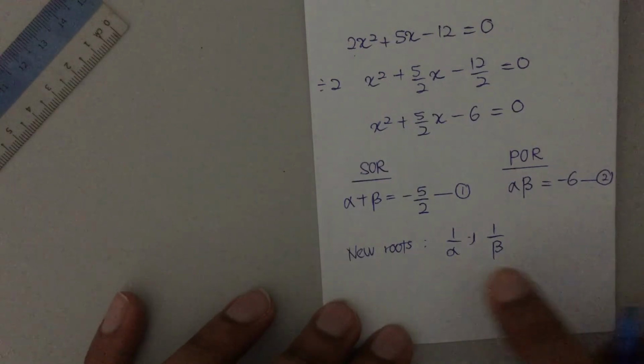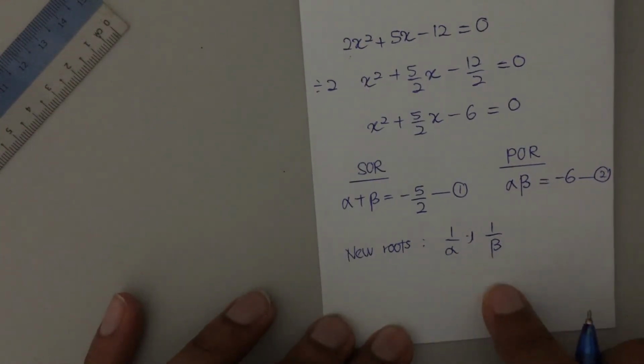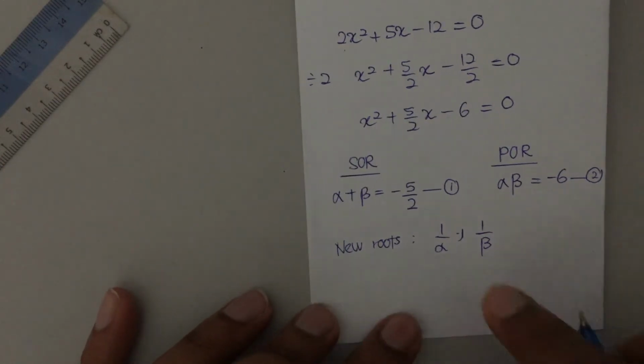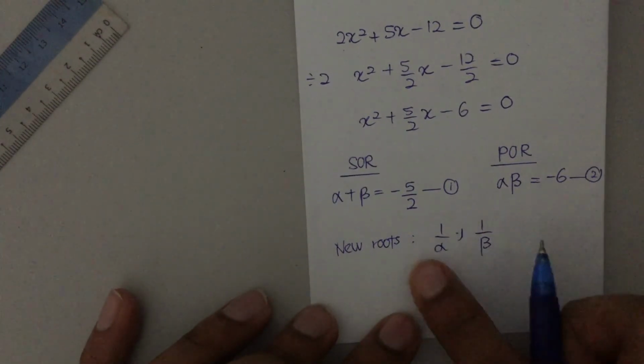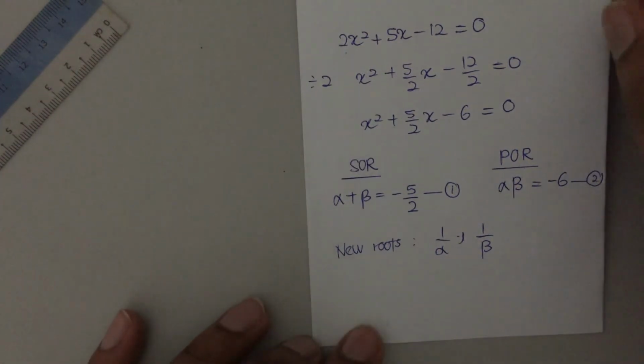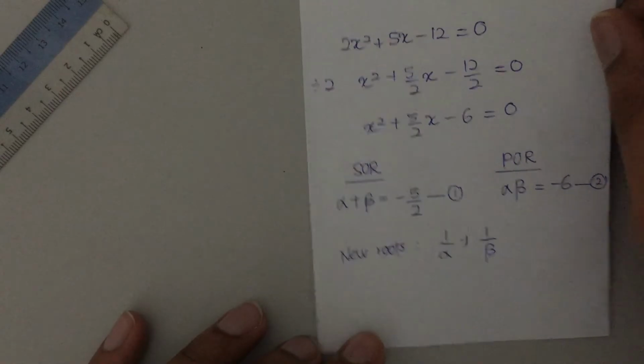So 1 over alpha and 1 over beta are the new roots. What we're going to do is form the sum of roots and product of roots based on this 1 over alpha and 1 over beta. So let us perform the working.